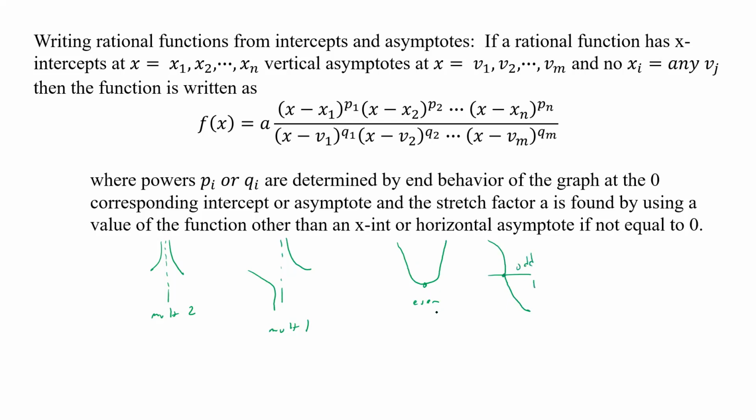So probably 1. This might be 2. So it kind of depends on how flat or broad it is and how much it goes through like that. But that's how we're going to determine what the multiplicities of the p's and the q's are up here. We'll know our asymptotes, obviously. We'll know our intercepts, and so then we just have to apply those other items that we know and get the rest of the thing.